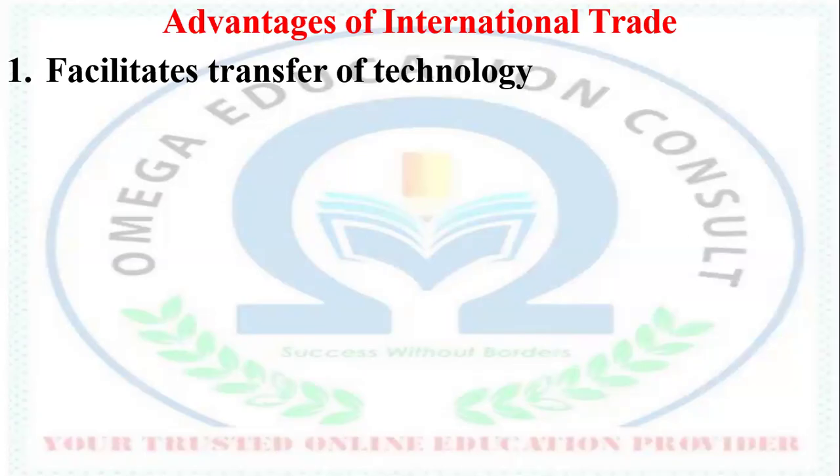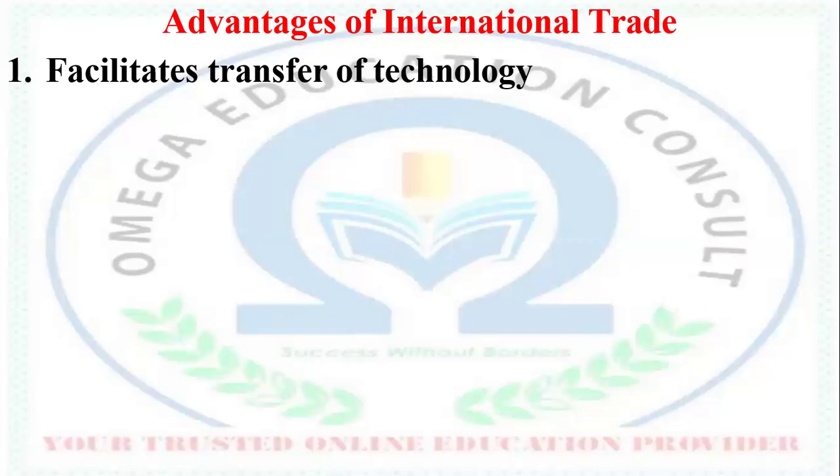So the internet that you are using, the phone that you are using, the computer that you are using are all developed by high level of technology from other countries. But international trade has allowed the transfer of such technologies to Ghana, and we are using them to advance the production of goods and services.